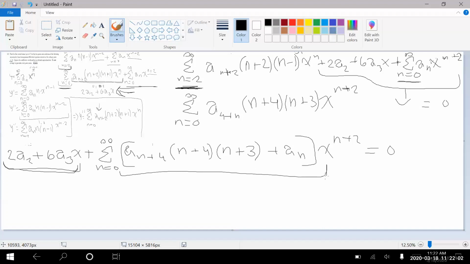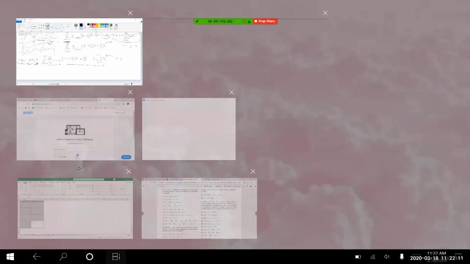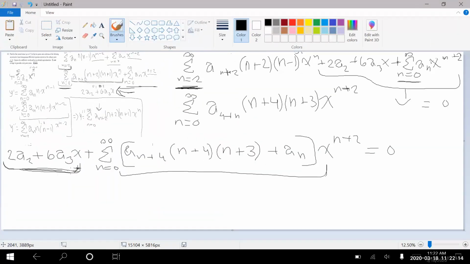I know you guys probably aren't used to having an x right there, but don't worry about it, because for this part to go to 0, a3 and a2 have to equal 0 at the same time. The x doesn't really matter because we need the coefficients to be 0 for this to be true at all. So we're going to assume that a2 equals a3 equals 0.